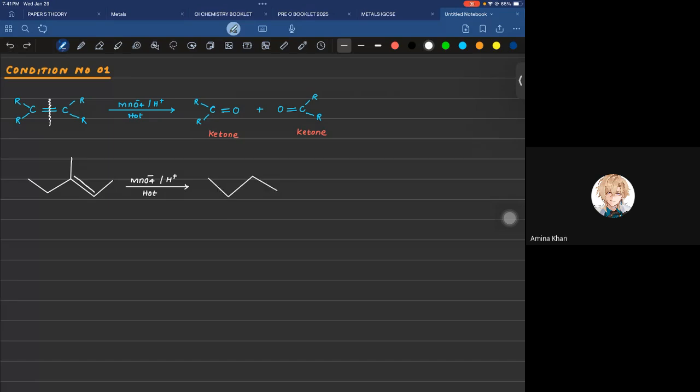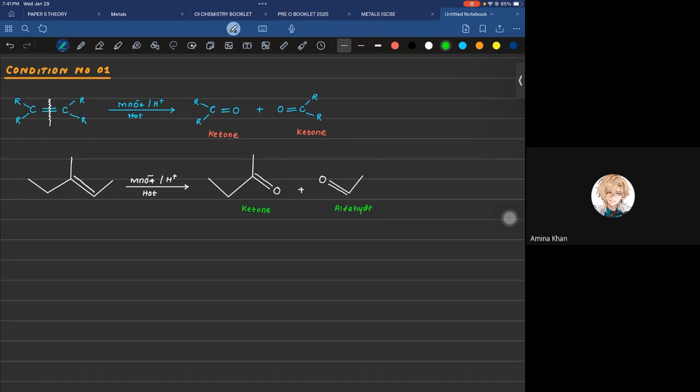This part, you will see double bond O, and this is the same, plus this, and double bond O. Now you can say that this is your ketone, and this is your aldehyde.